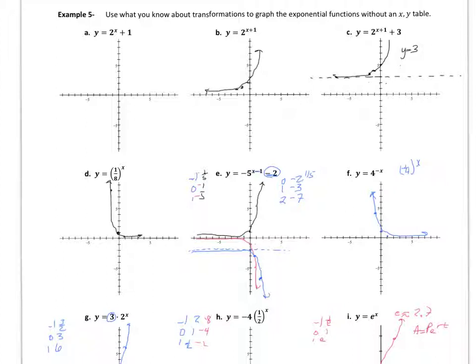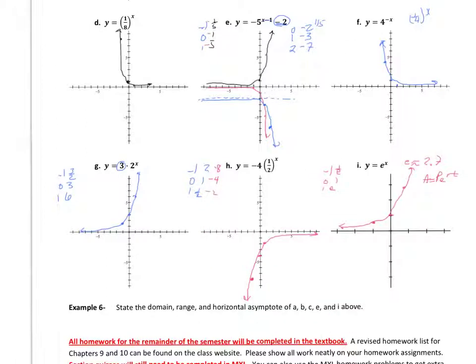Okay, what about G? What's my range on G? From 0 to infinity, correct. Again, non-inclusive. What about H? Negative infinity to 0, good. And I?